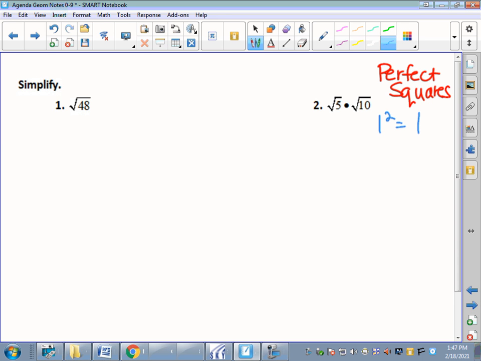So 1 is our first perfect square. 2 squared, so 4 is a perfect square. 9 is a perfect square. 16 is a perfect square. 25.